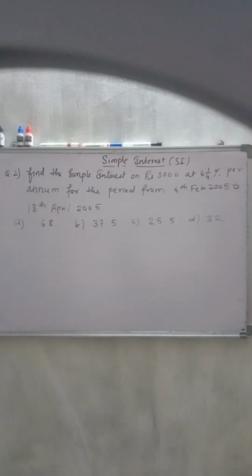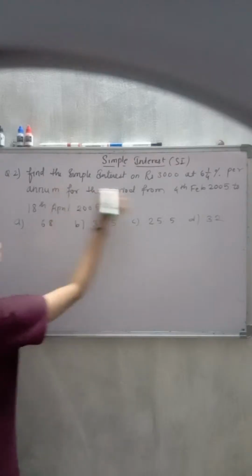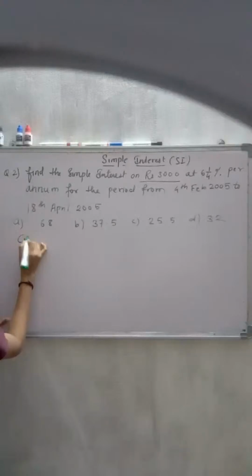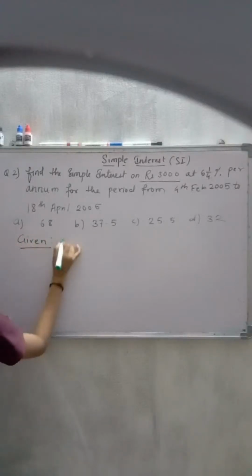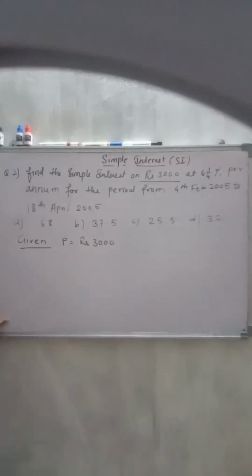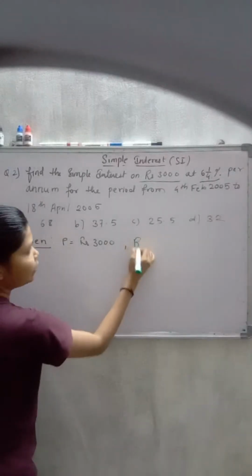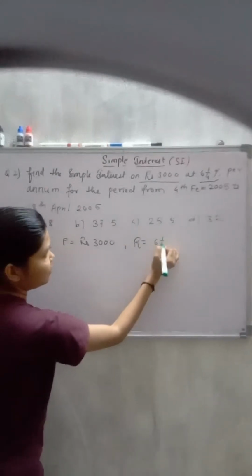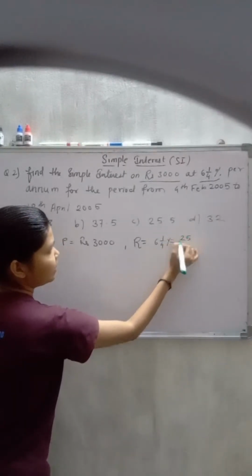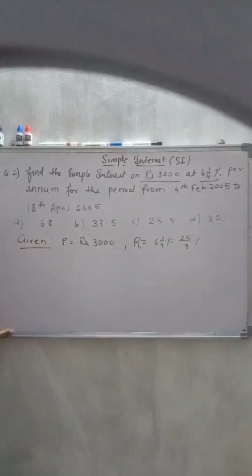First, 3000 means the principal amount is given as rupees 3000. At 6 1/4%, the rate of interest is 6 1/4. 6 4s are 24 plus 1, 25 by 4% is the rate of interest per annum, meaning for a year.